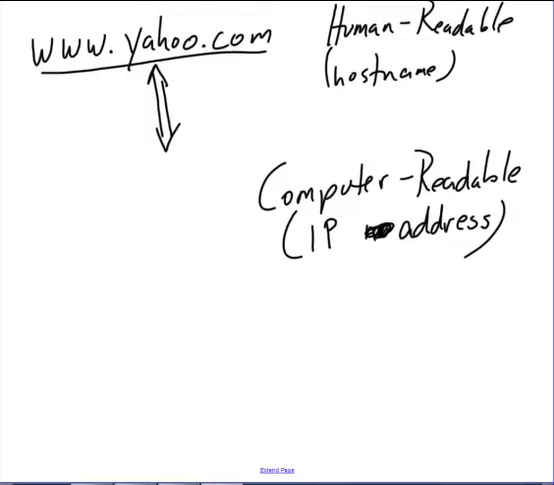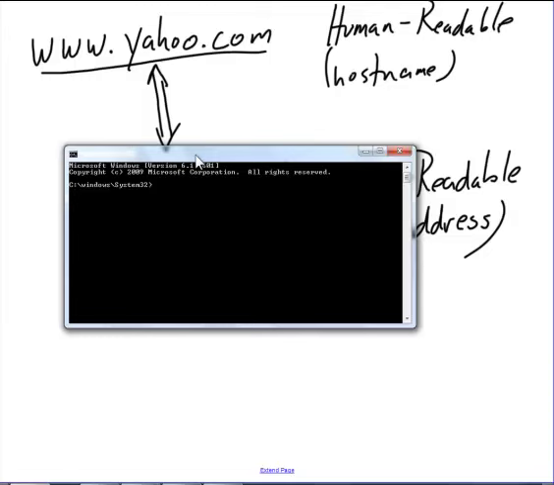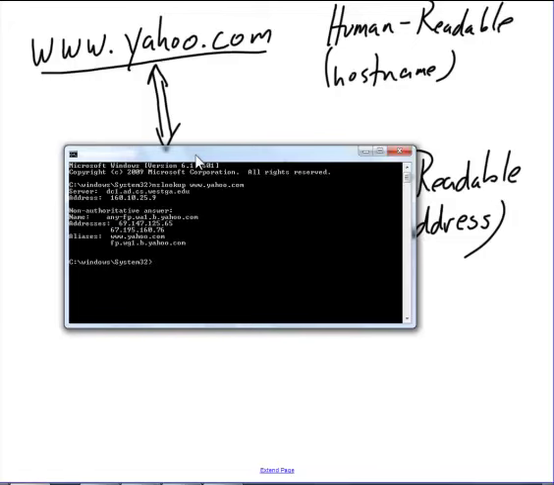And just for kicks, let's look up what that IP address will be. We use 69.147.125.65.